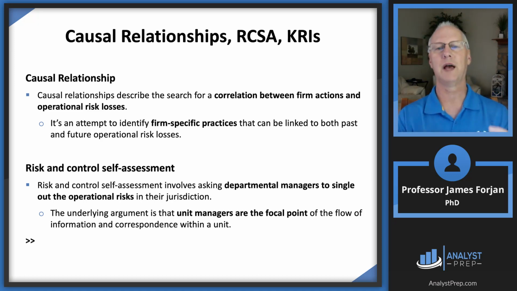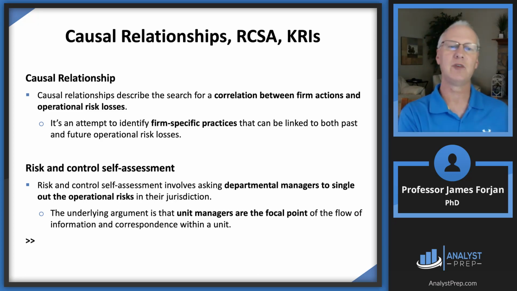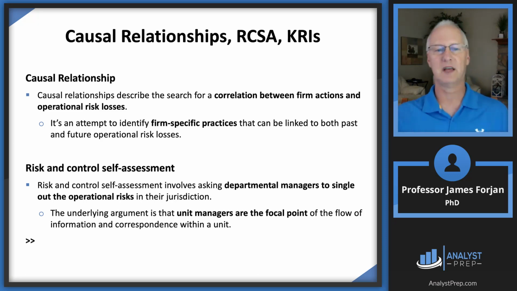But just because we have one doesn't mean we have the other. And so what we're trying to do is identify firm-specific practices that can be linked to the history, right? It's important to figure out why we had those losses in the past, but it's even more important to figure out, if we've had those losses in the past because of these reasons, then we need to fix them going forward.